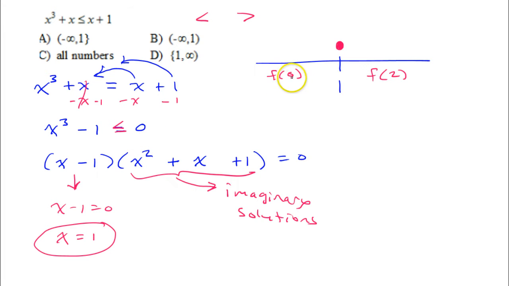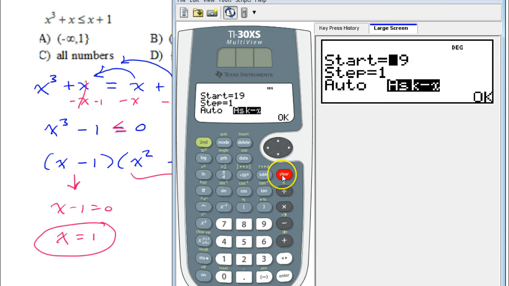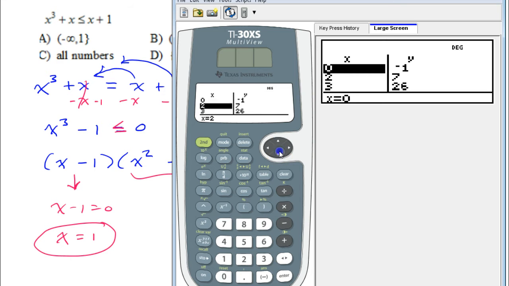So my two test values are 0 and 2. So I can just type them both in. So 0 and 2. Okay, so I just wanted to clean that up. So I have 0 and 2.